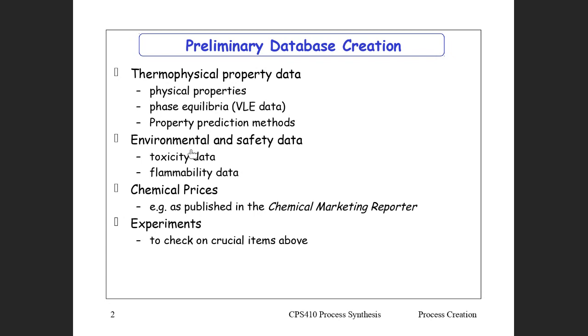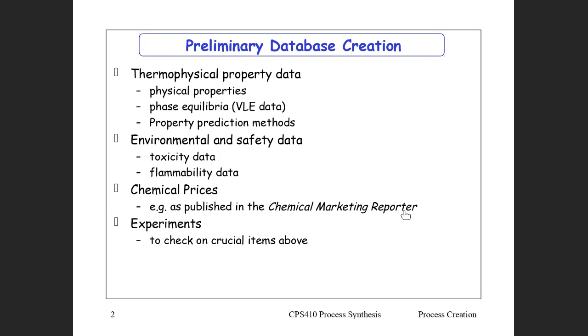Environmental and safety data: you need to look up toxicity data and flammability data, so that you make sure. We'll talk about how to deal with toxic materials later. You need to know chemical prices. Many years ago, Chemical Marketing Reporter was a newspaper-style publication that would quote bulk chemical prices.